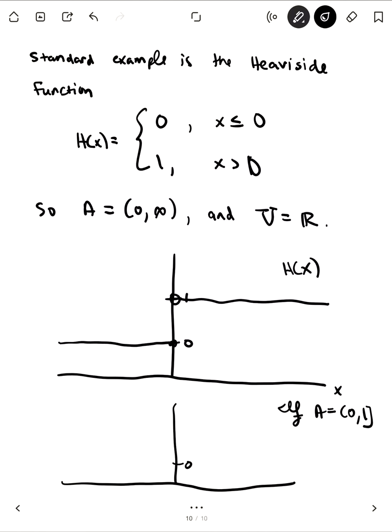Again, let's say this is 0 and this is 1. You get 0 all the way out here, inclusive, and then you have 1 right here. So you go from there to there, and then you're back down to 0. Okay. So you can build different functions like this.